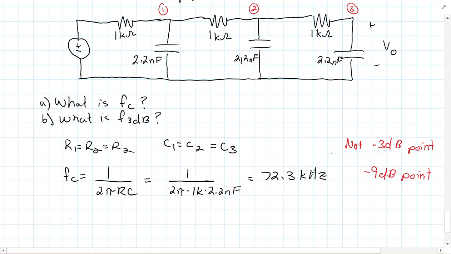But now, to do F3dB, remember we had a formula for that. That's just equal to F sub C times the square root of, I'm sorry, not 1/2, 2 to the 1 over n power minus 1.